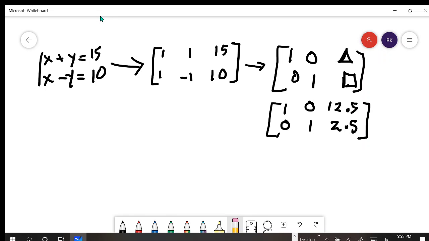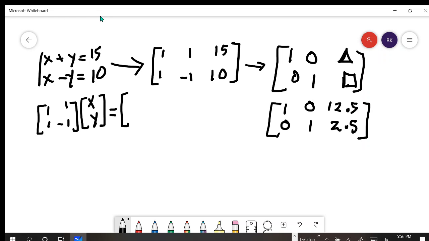Now another way to do this is to think of a matrix like this. Think of 1, 1, 1, -1 times x, y equals 15 and 10.